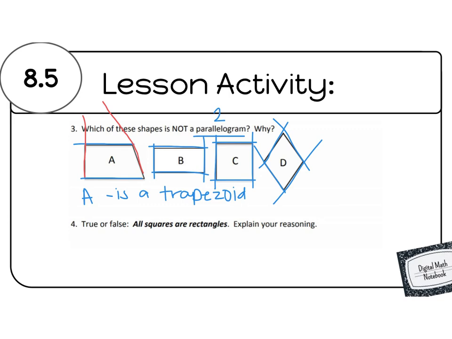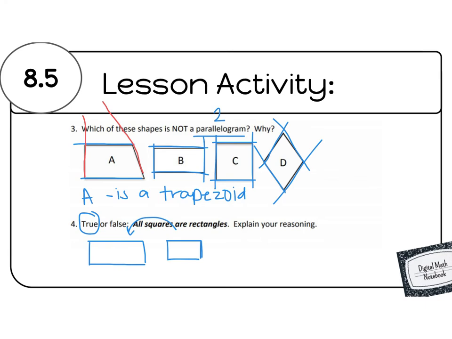And here is our second question. True or false? All squares are rectangles. Explain your reasoning. Now, this is kind of tricky. This is actually going to be true, and I'll help get you started on the reasoning. If you think about what a rectangle is, a rectangle looks like this, but a square looks like this. So that means that everything that is true about a square is true about a rectangle.